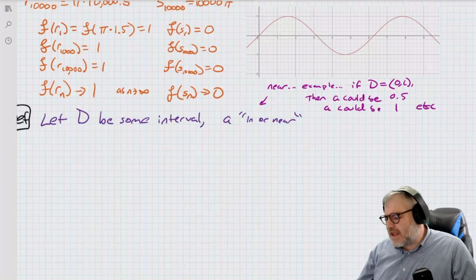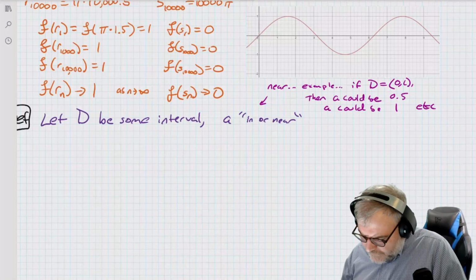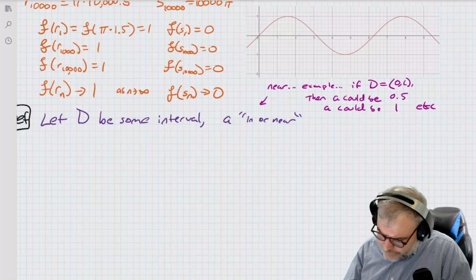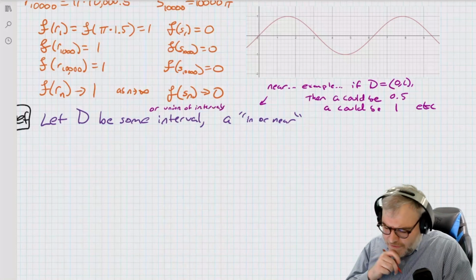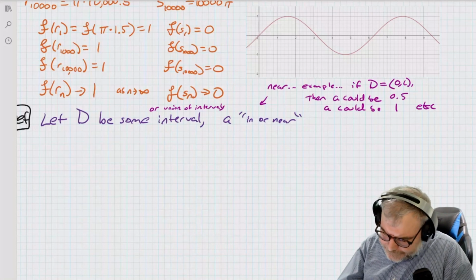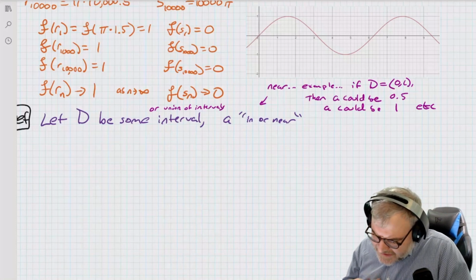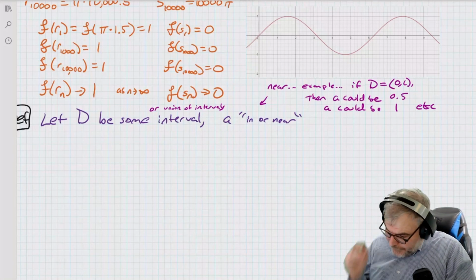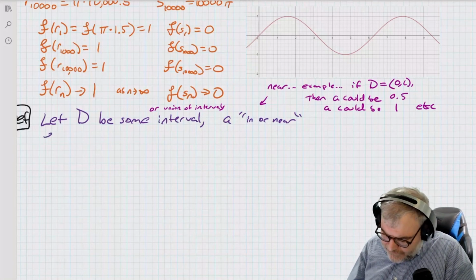I just need it to be some collection of intervals, some union of intervals. It's got to be something that has intervals. Let f be a function from D to R.